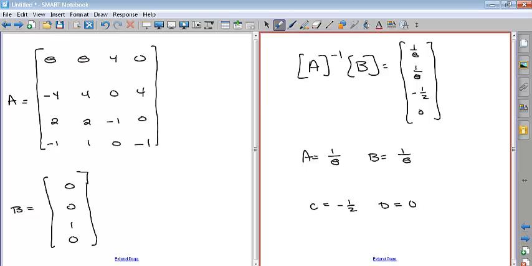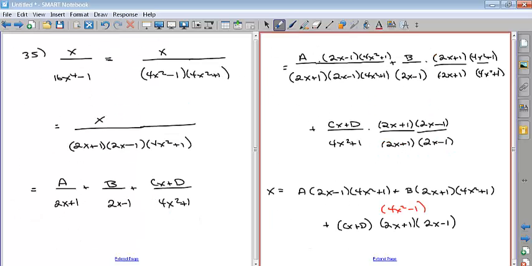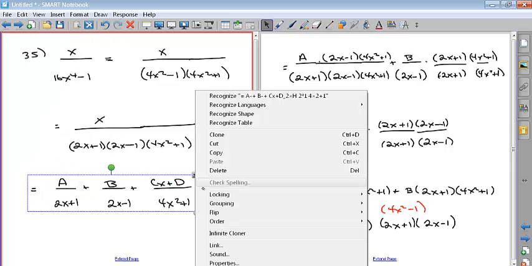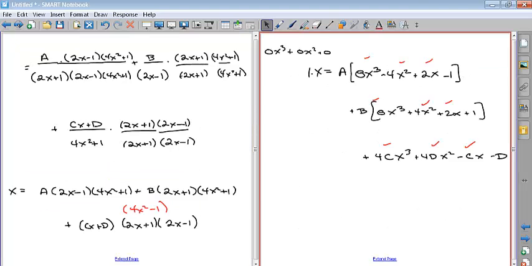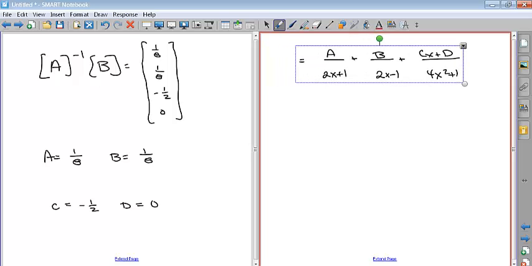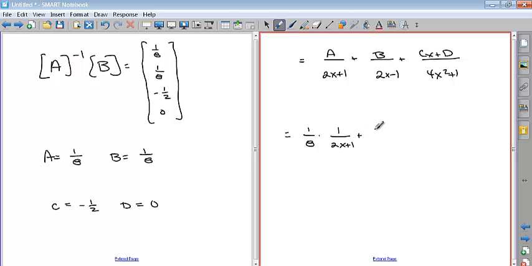So if we go back to the original equation here, which is this one right down there, what you get is 1/8 times 1 over 2x plus 1, plus 1/8 times 1 over 2x minus 1, plus negative 1/2 times 4x squared plus 1.